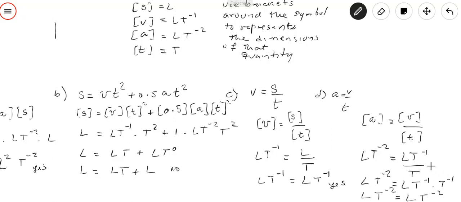So this case is also dimensionally consistent because on both sides we got exactly the same thing. So this is basically what dimensional analysis is. Remember that every time we work with an equation, we have to make sure that the equation is dimensionally consistent.